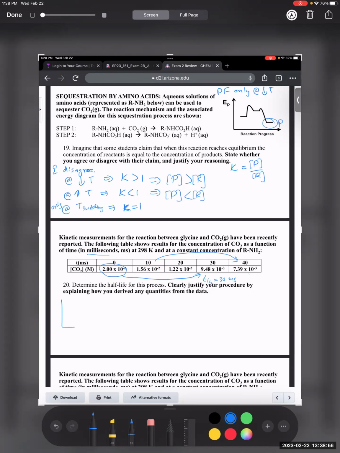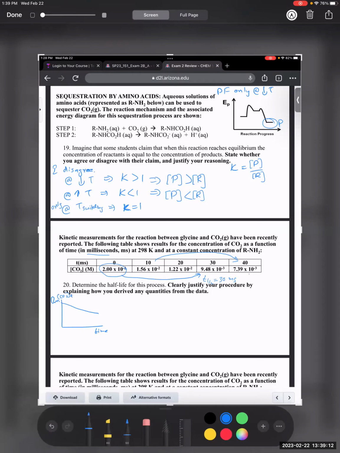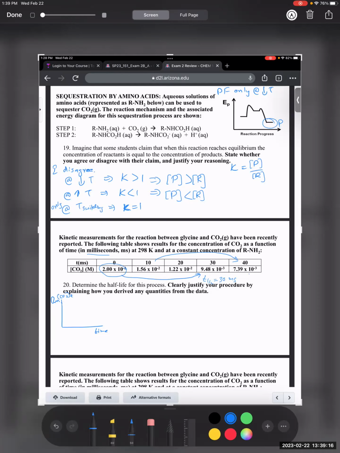Once you plot the graph, you can draw this out, and you can say natural log CO2 concentration at time t, and this is time. This is linear. I wish I could draw this a little bit better, but anyway, what I have is what I have. So this is linear.